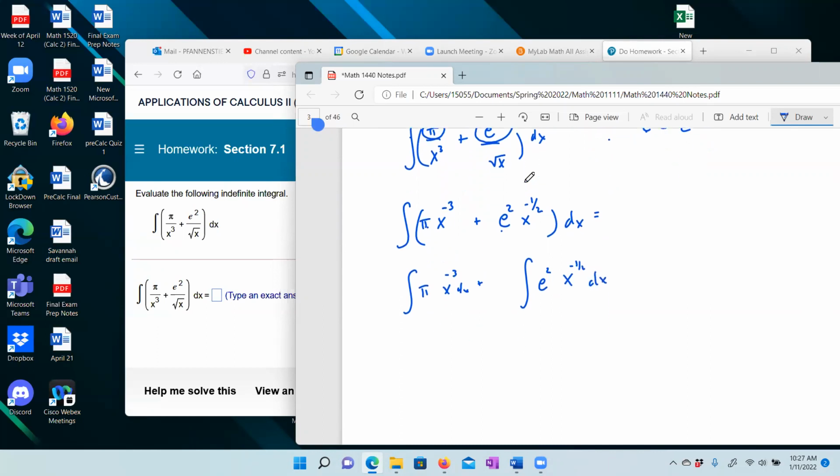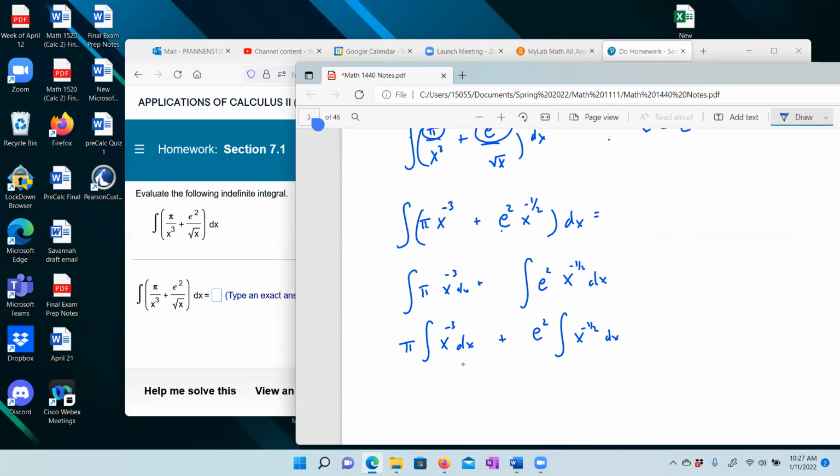When we actually do our calculus, technically we're saying pi integral x to the negative 3 dx plus e squared integral x to the negative 1/2 dx. We're not going to write this out every time, but technically that's what we're doing.